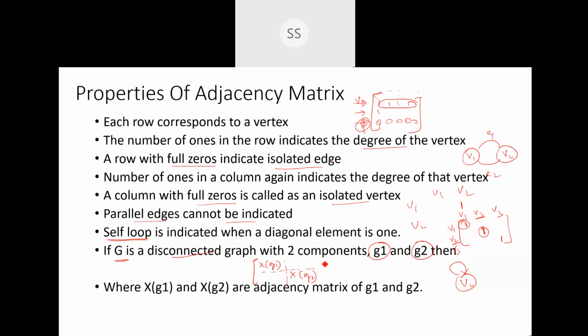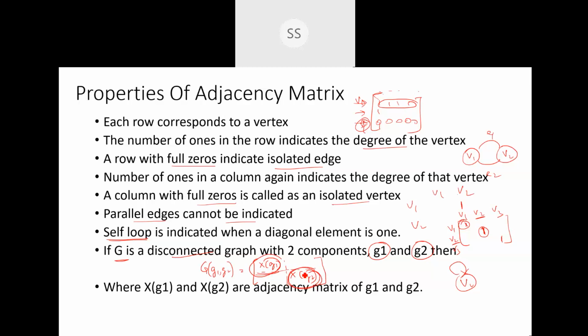X of G1 is the adjacency matrix of G1, and X of G2 is the adjacency matrix of G2.